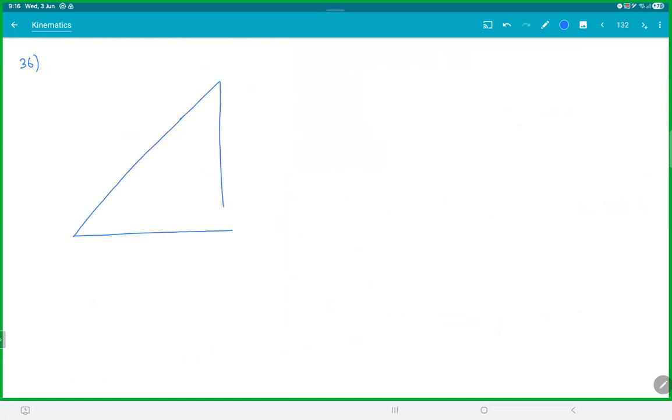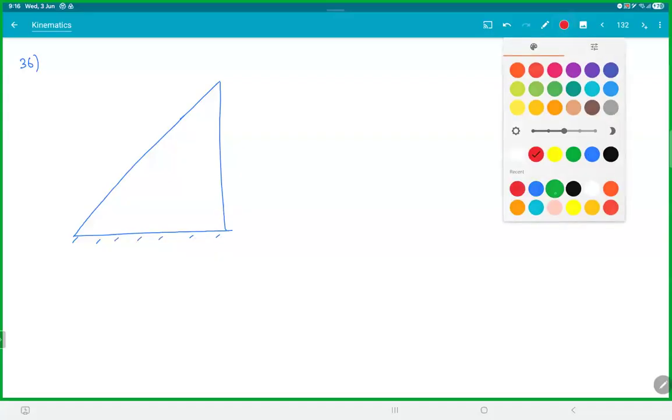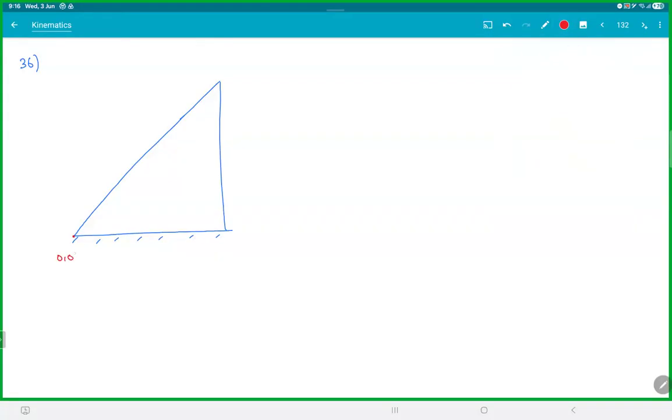We have an incline. The bottommost point is the origin.